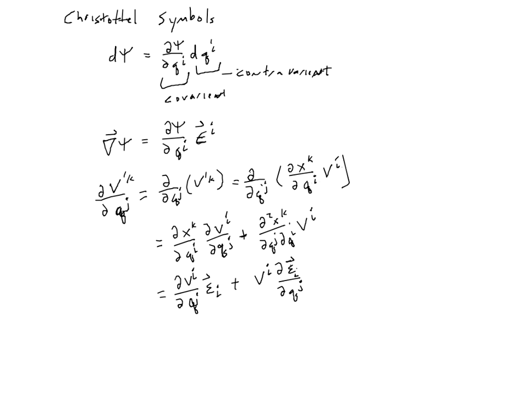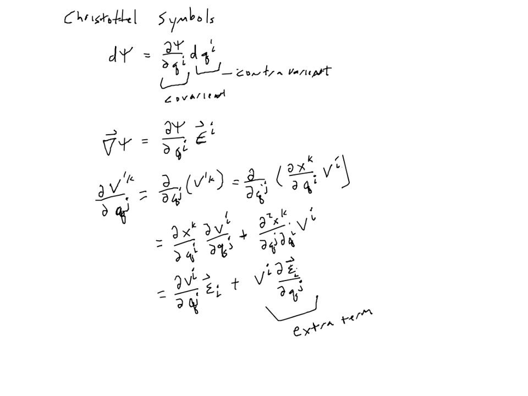So this first part right here looks like just a derivative, where all I really did was, in order to take the derivative of this primed vector, I've got the derivative of the unprimed and then a transformation. And this right here is just like an extra term, which seems to only come from how my coordinate system changes with respect to this particular coordinate.